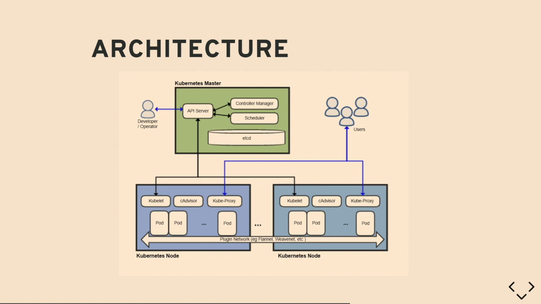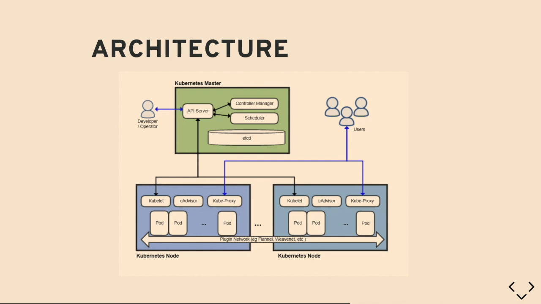And this master, with the help of the controller manager, looks at the nodes in the cluster and goes, oh, I have to run X instances of application X in my cluster. How many are running? How many more do I have to start? And it does that by talking to a kubelet. Each worker node in a Kubernetes cluster has a kubelet, which communicates with the master.